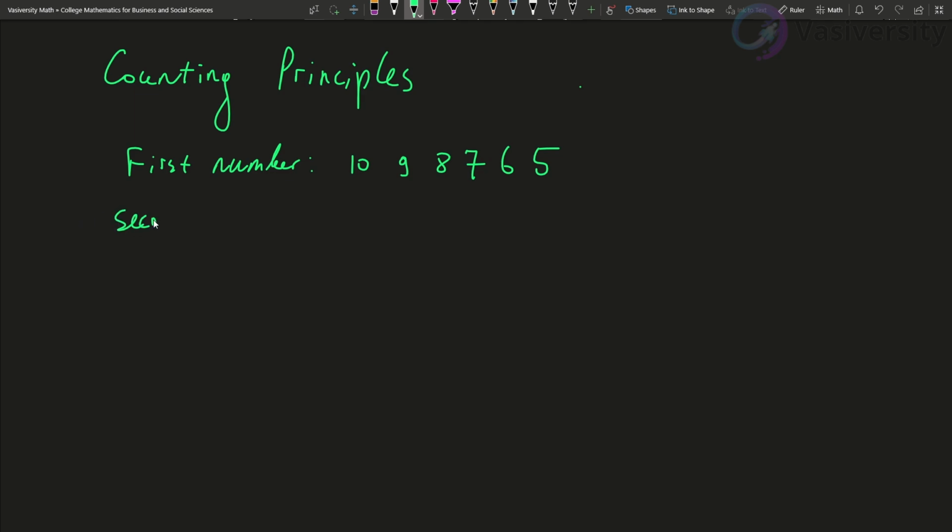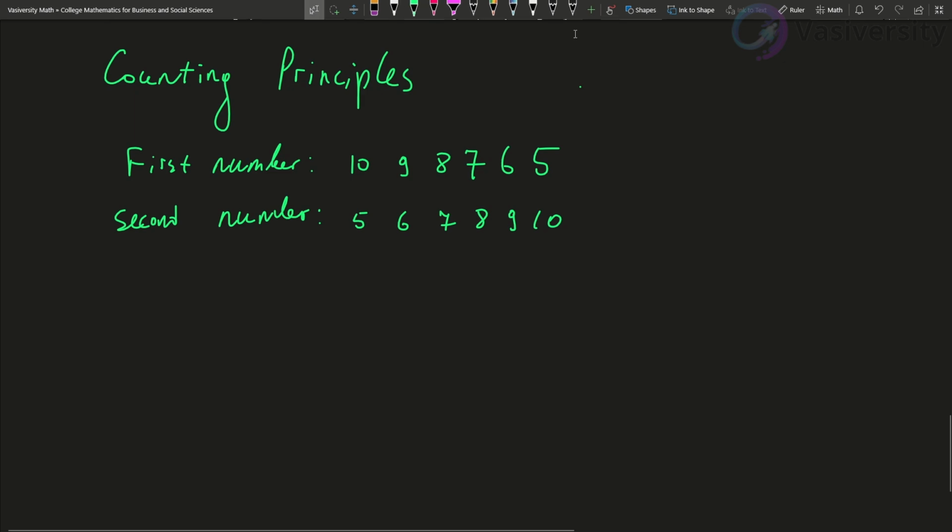And then the second number, because we're trying to get 15 out of two numbers, that's going to be 5, 6, 7, 8, 9. Okay? So essentially, we have 6 different ways we can pick that.